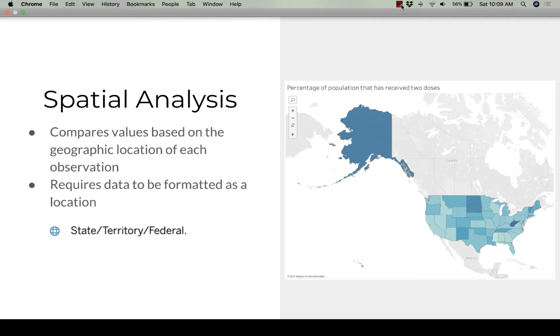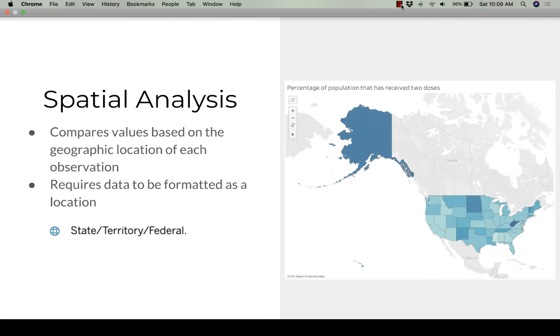And so to make this chart, I used a variable called state, territory, federal. And you can see by the little circle globe icon to the left of the word state, territorial, federal, that this data is stored in a form that Tableau can put into a map chart. So in this chart, darker shades indicate that a larger share of the population has been vaccinated to full immunity.